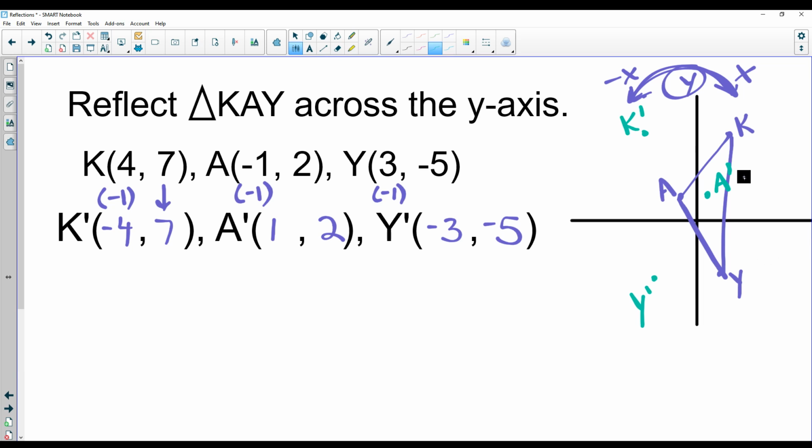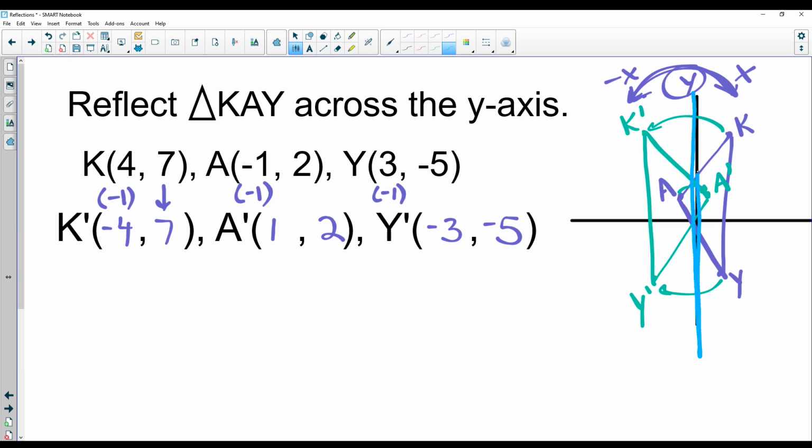All right, so I connect that, looks pretty good. Now, it crossed over itself, but that's okay. A flipped to the other side, and K flipped to the other side, and Y flipped to the other side. So our triangle, notice the point is now in the other direction because it flipped over the y-axis.